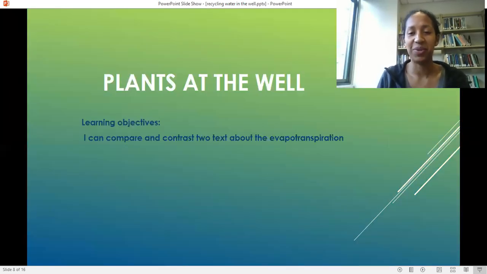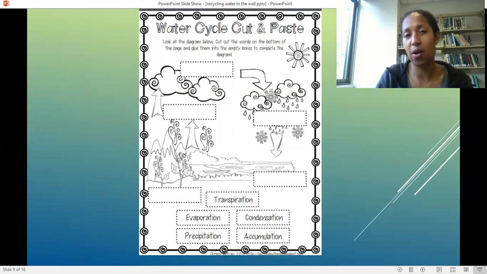Plants at the well. My learning objective for this lesson is: I can compare and contrast text about evapotranspiration. For my engagement lesson, I will give the students this water cycle cut and paste, where the students have to cut out the words and label each part of the water cycle.